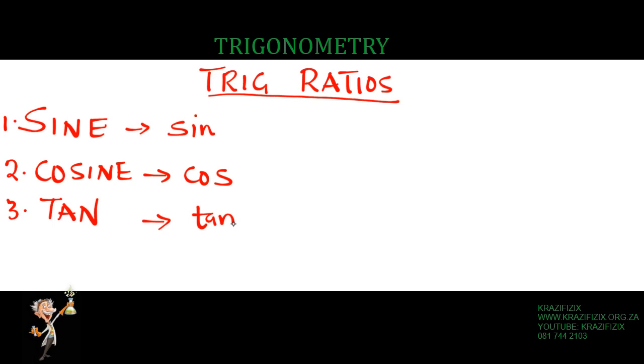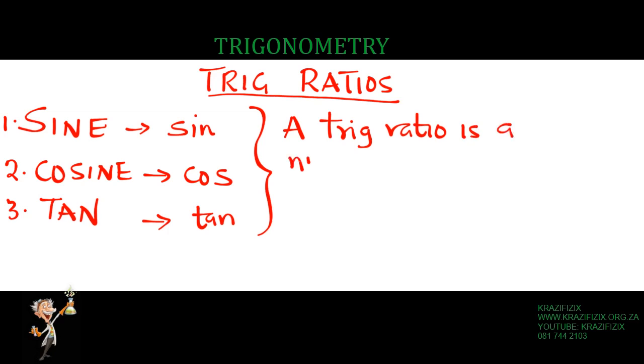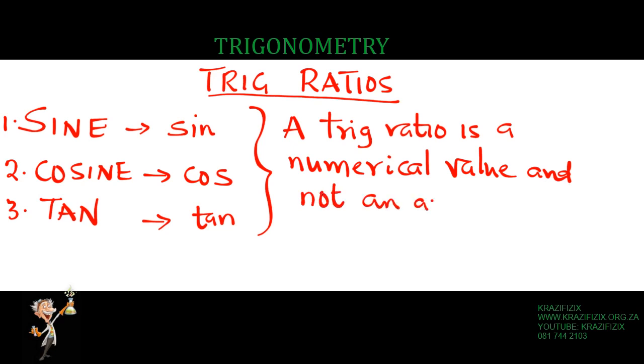Please note, a trig ratio is a numerical value and not an angle. So all of these are numerical values.